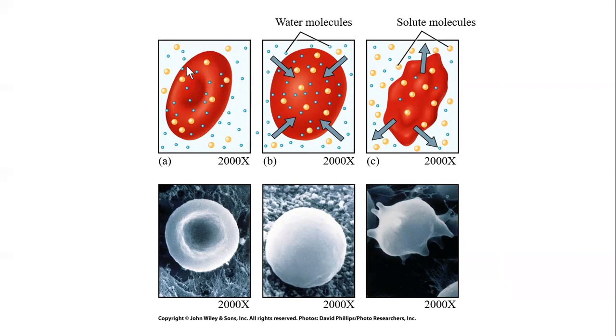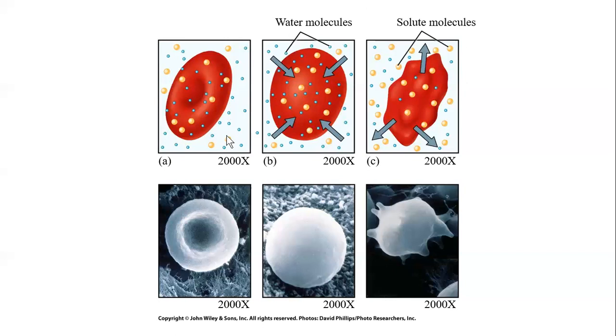So what's the big deal about this panel A? In panel A, the red blood cell is in a salt solution that does not attract water. And so water movement into and outside the red blood cell is going at the same speed.